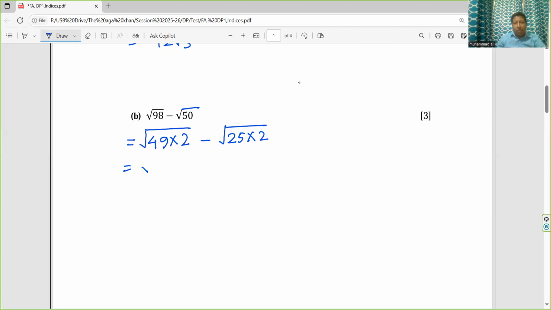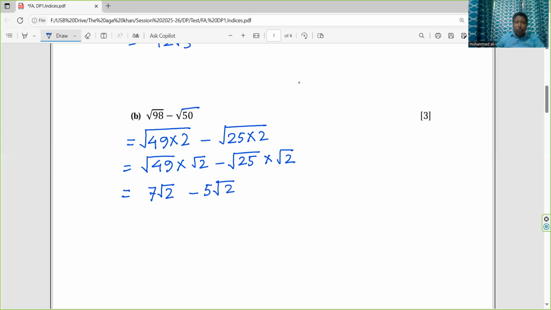So if we split this, we can write root over 49 multiply root over 2 minus root over 25 multiply root over 2. So square root of 49 is 7 root over 2 minus square root of 25 is 5 root over 2.